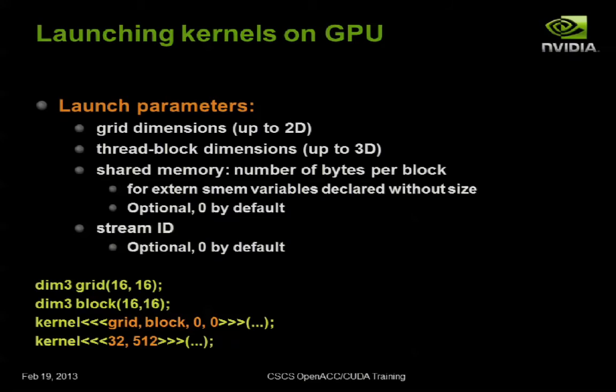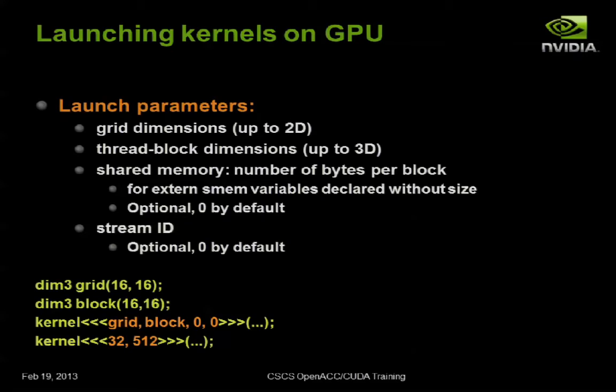We talked about launching kernels on the GPU, right? Triple chevron notation, the first argument being the dimensionality of the grid, so the number of blocks that you have. The second argument being the number of threads you have within a block. There's actually two more arguments that you can provide.